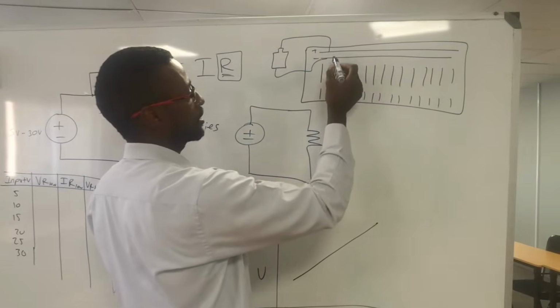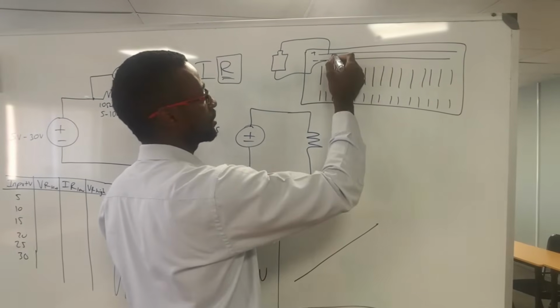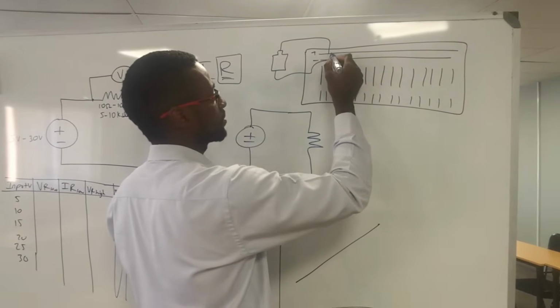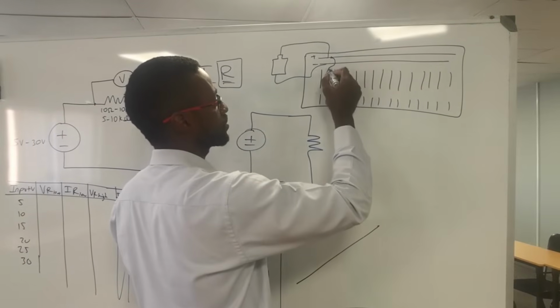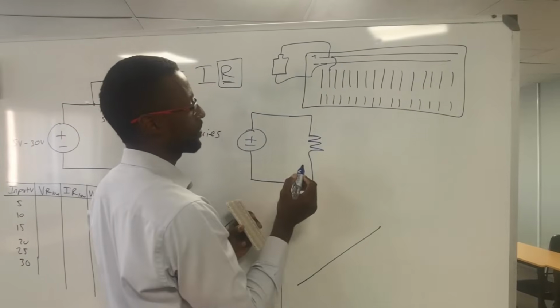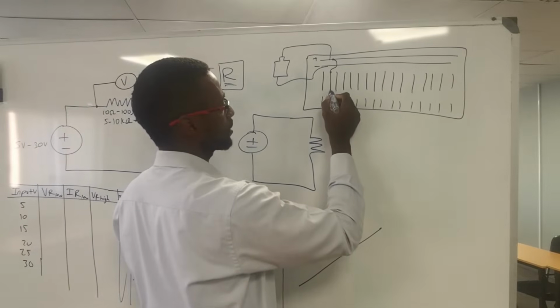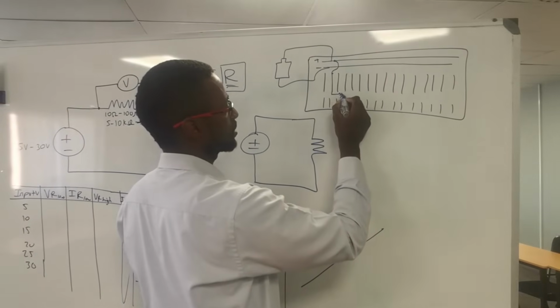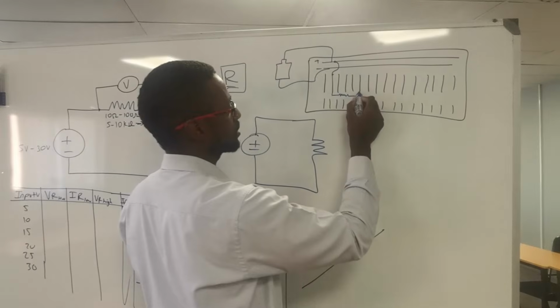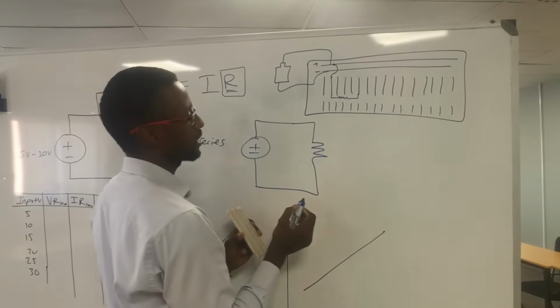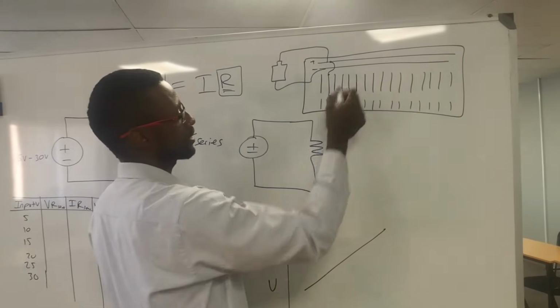Then from there, I can put another cable that's going to go from the positive to this horizontal line, and then from that horizontal line, I can connect a resistor. So I can connect a resistor, and then that resistor can continue to that horizontal and vertical line.